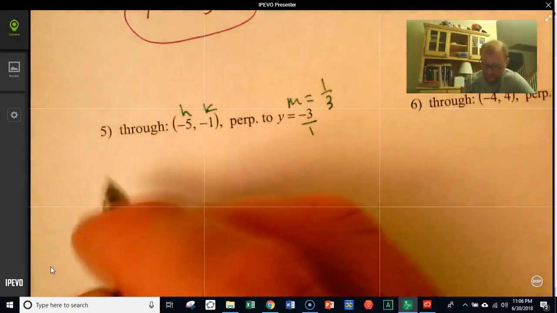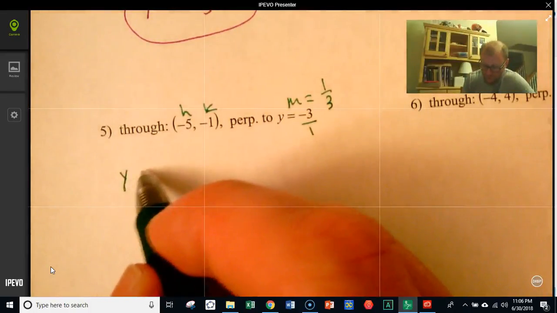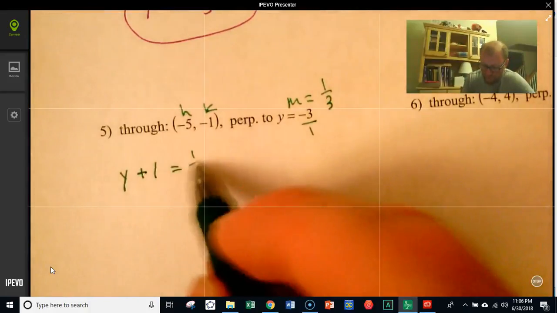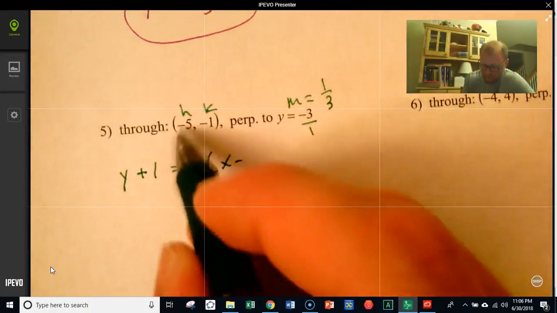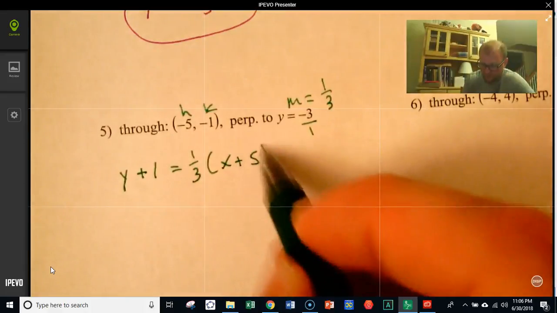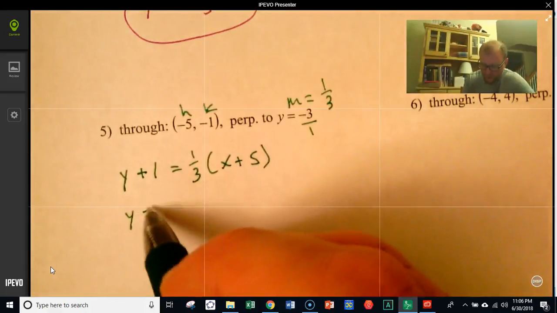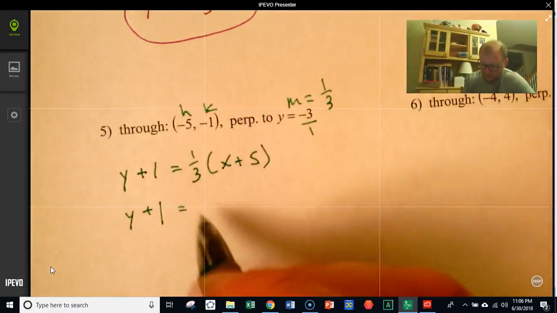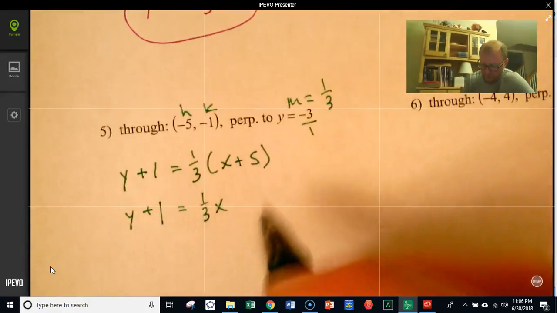We'll change sign. So y minus negative 1, so it's plus 1, equals 1/3 times x minus negative 5, or x plus 5.